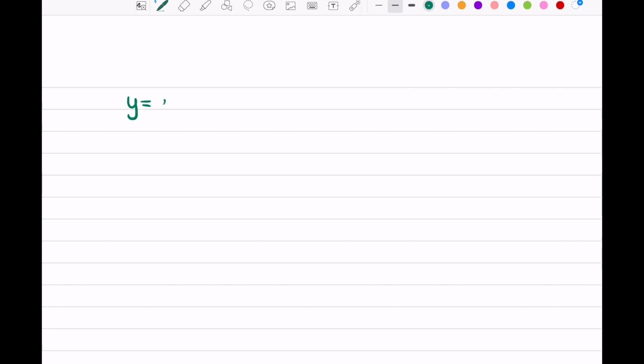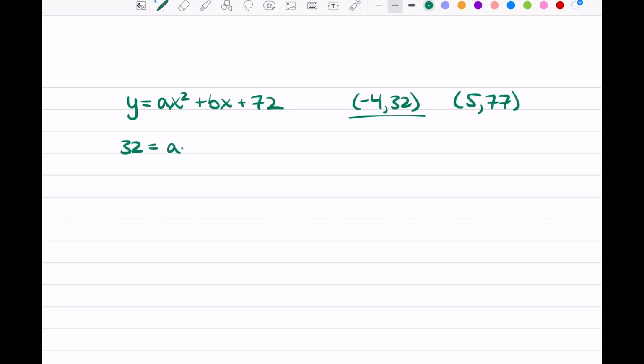So our quadratic equation currently looks like this, and we have 2 points left on our parabola. Let's start off plugging in our first point. So our y value is 32, and our x value is -4. -4 squared gives us 16. b times -4 gives us -4b.